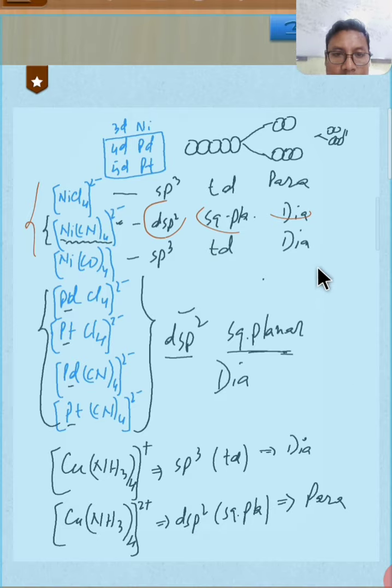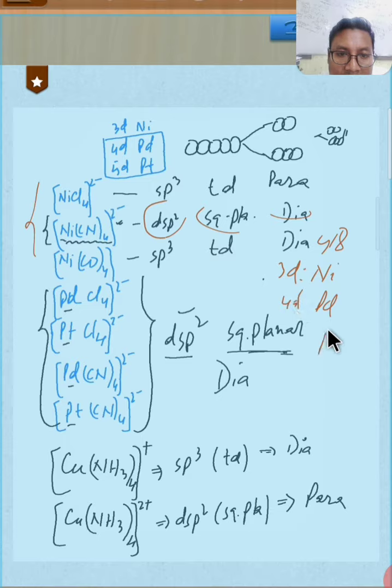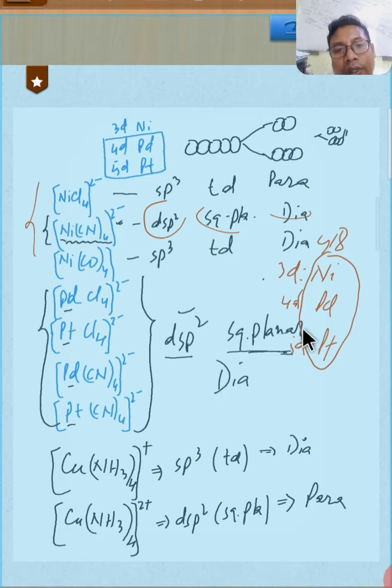See, nickel is in group 10 and this is the 3d series, right? And palladium is in the 4d series, group 10, and platinum likewise is in the 5d series. So they are in the same group, having an equal number of valence electrons, so these are all similar.